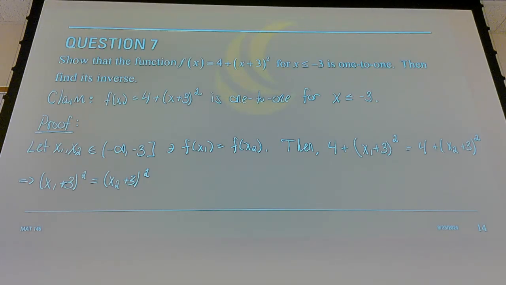Those two expressions have to be the same. Which tells us what?